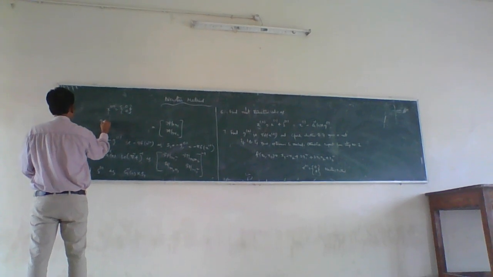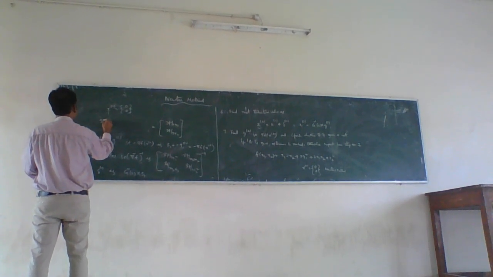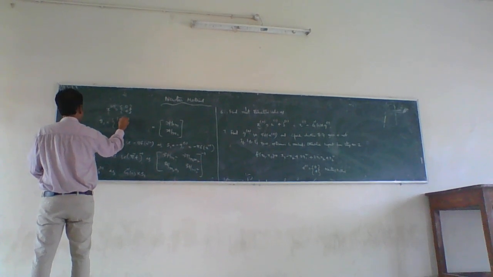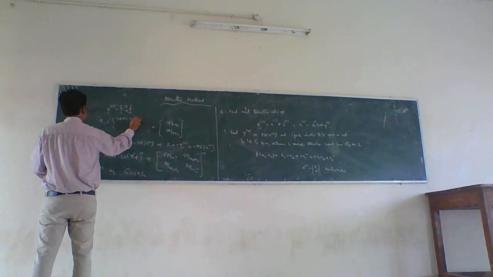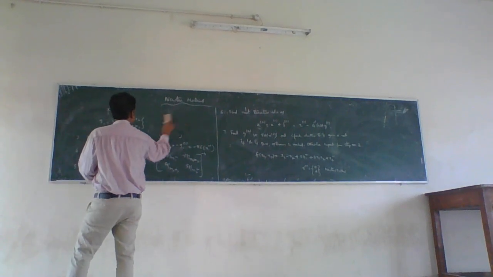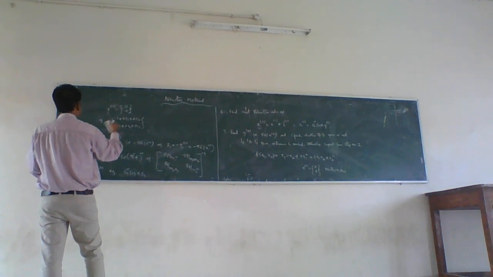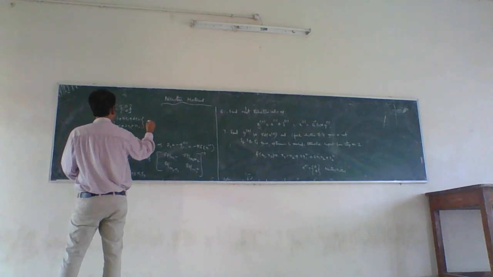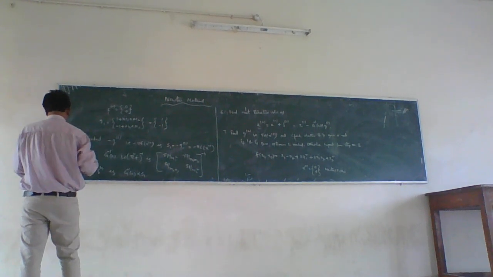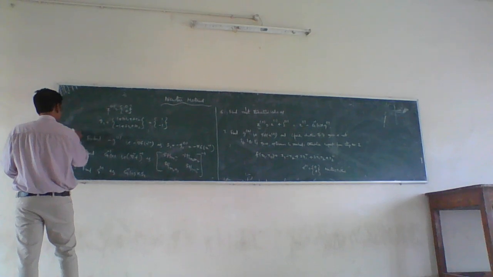So small g1 is 1 plus 4x1 plus 2x2 minus 1, same function I am taking because I already did this one. So what is g1? Keeping x1 in del f, you will get 1 minus 1. Is it not?